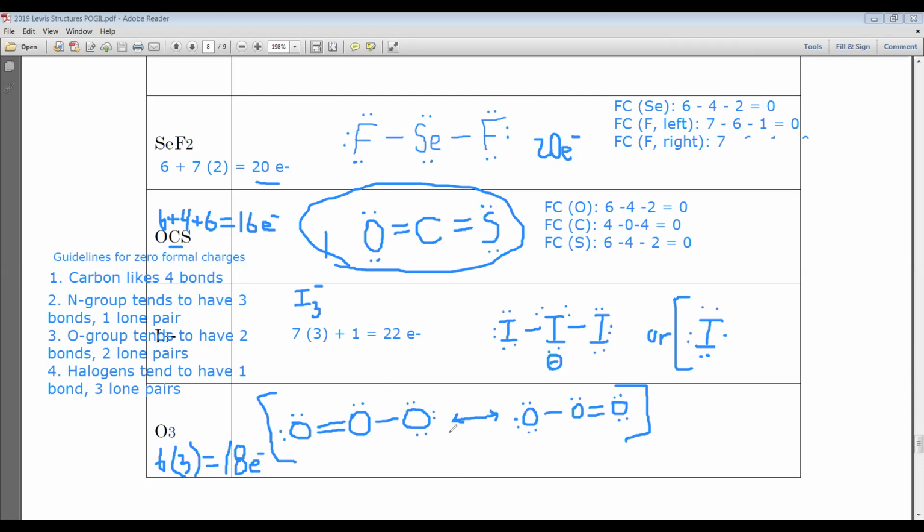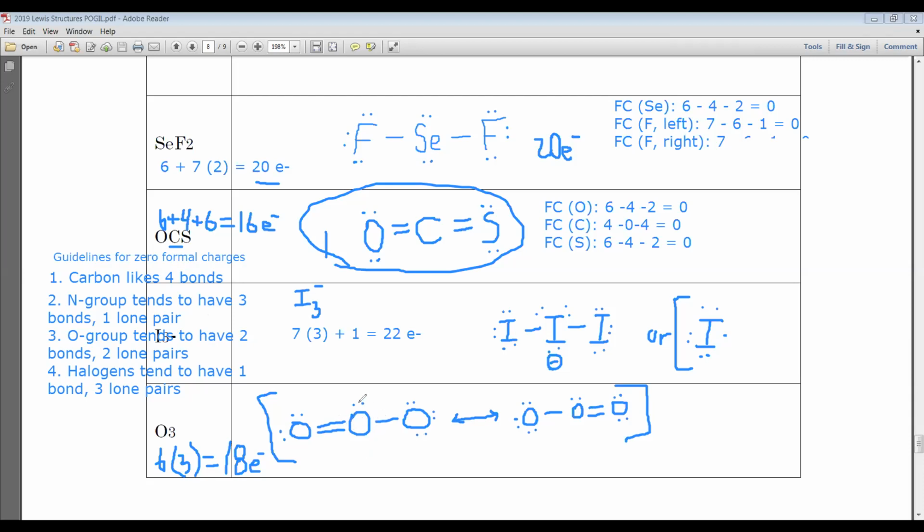So from a formal charge standpoint, we weren't asked to do this, but we could. The oxygen that is double bonded falls in line with our zero formal charge. So this one would be a 0. The oxygen in the middle has 3 bonds and 2 dots.